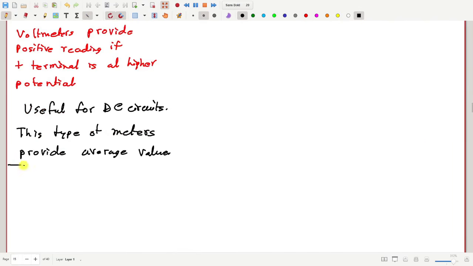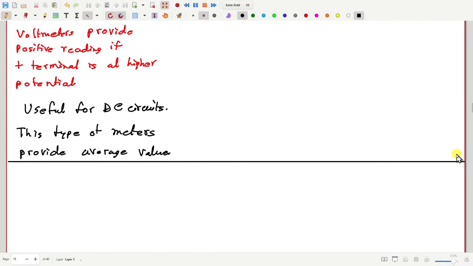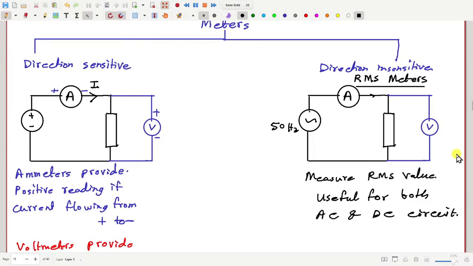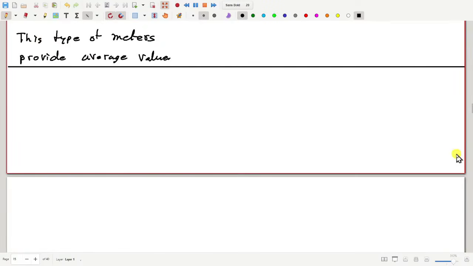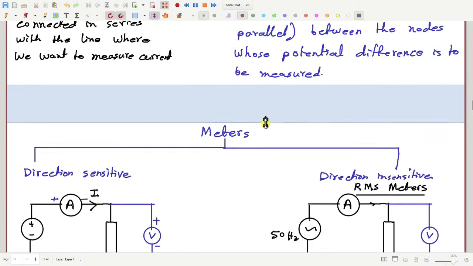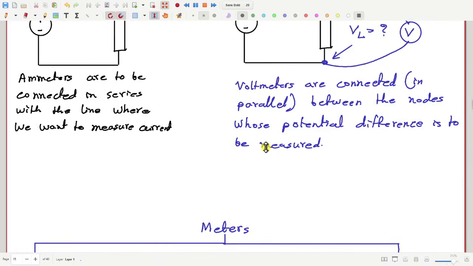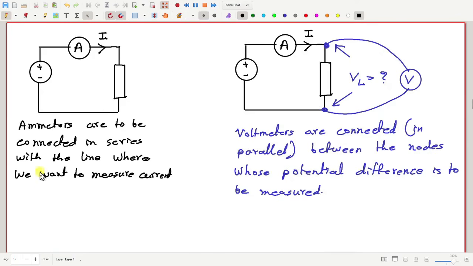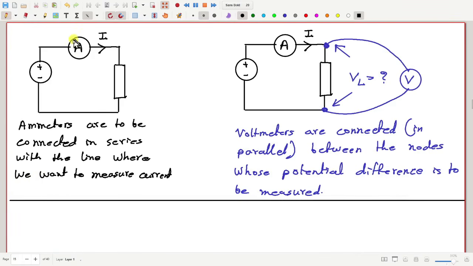Now one more thing. Tell me how much should be the internal resistance or impedance of this ammeter.